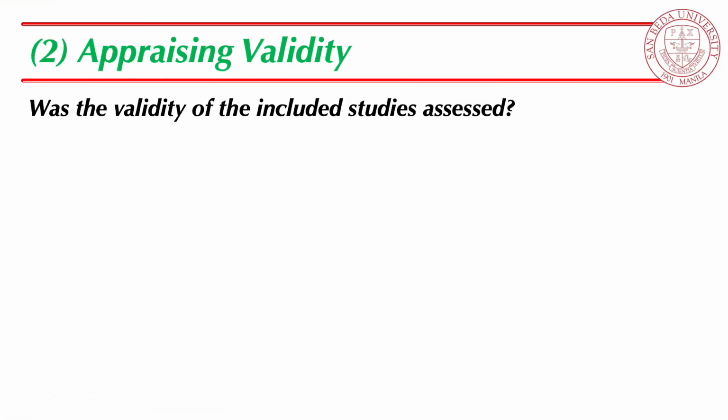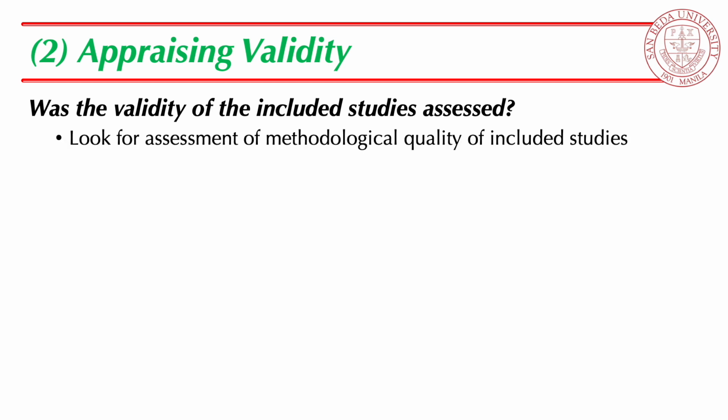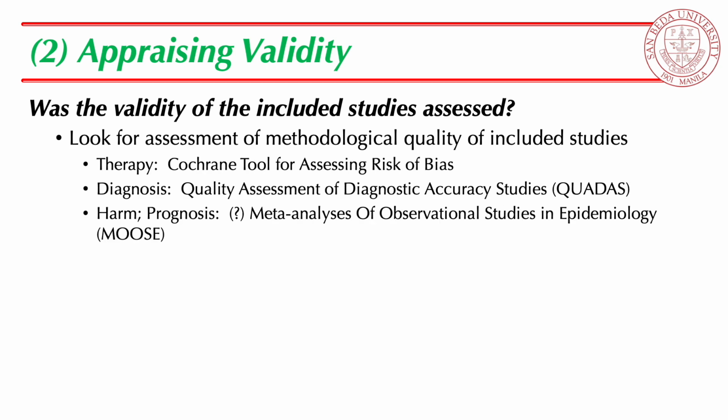Now, the next question under validity is, was the validity of the individual included studies assessed? To be able to answer this, look for an assessment of the methodological quality of the included studies in the review. Many times, SRMA authors assign quality scores based on different scales.